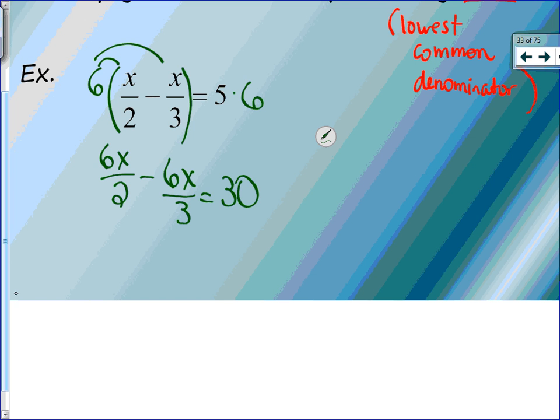So if I did my work correctly, I will have gotten rid of the fraction. What is 6 divided by 2? 3. So it's 3x minus, and what's 6 divided by 3? 2x equals 30. And then I can very easily combine like terms, and this is x equals 30.